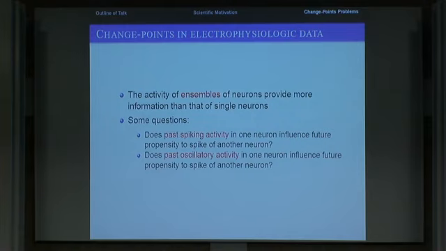So here we're looking at the activity of an ensemble of neurons, and they, of course, will provide more information than only that from a single neuron, and therefore there's a motivation to look at this ensemble population instead of just single neurons. And as I was saying earlier, these are our questions: how spiking activity in one neuron might be influenced by spiking activity in other neurons, and also looking at the spectral powers in other neurons.